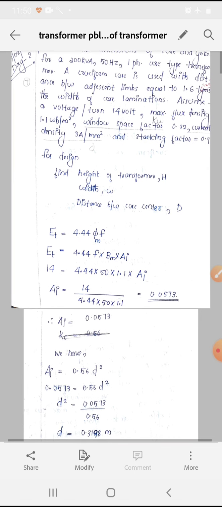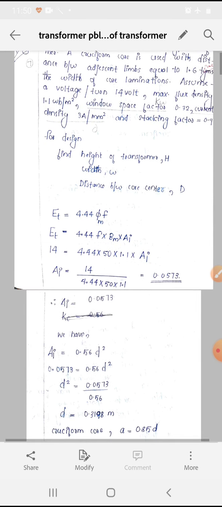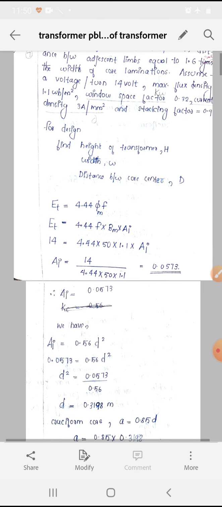Assume a voltage per turn 14 volt, maximum flux density 1.1 Weber per meter square, window space factor, that is Kw, equal to 0.32, current density is given as 3 ampere per millimeter square, and stacking factor is given as 0.9. In the question, if the stacking factor is not given, we have to assume 0.9.